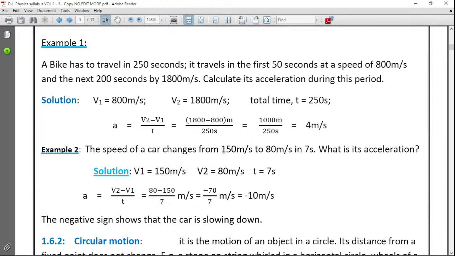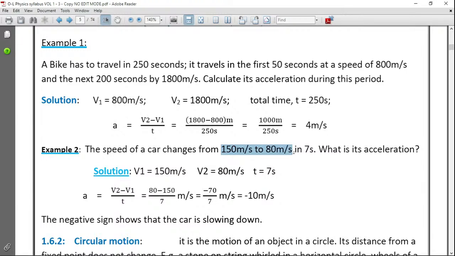We can see that the speed has reduced, right? And when the speed reduces for a car, what is happening to the car? The car is slowing down. And when a car is slowing down, we talk about negative acceleration or a deceleration. So whenever a car is slowing down and you calculate the acceleration, your answer must have a negative sign.